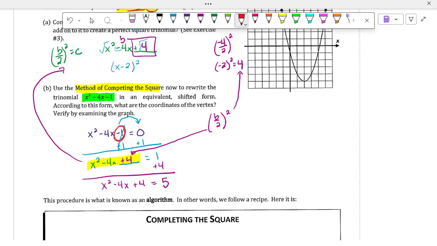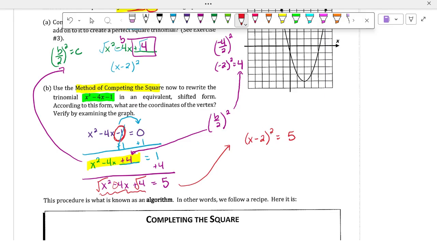Now, since we got a perfect square trinomial, we can now factor it to look like some binomial squared. Remember, you take the square root of the first and last term, keep the sign of the second. So this would be x minus the square root of 4, which is 2, all squared, is equal to 5. Now, if you recall from our completing the square activity, this looks very similar to vertex form.